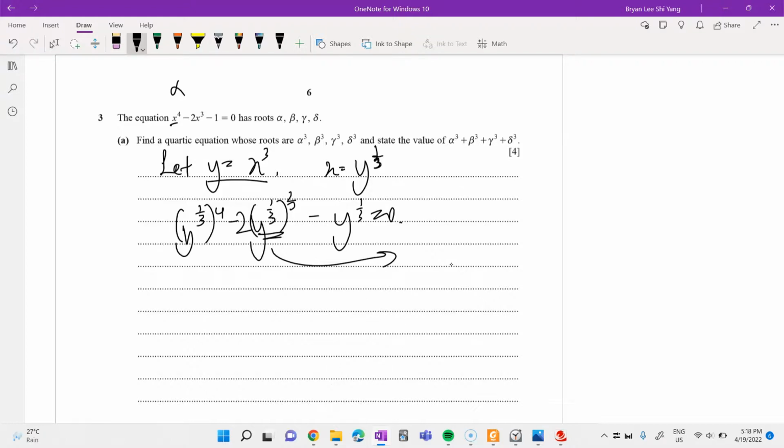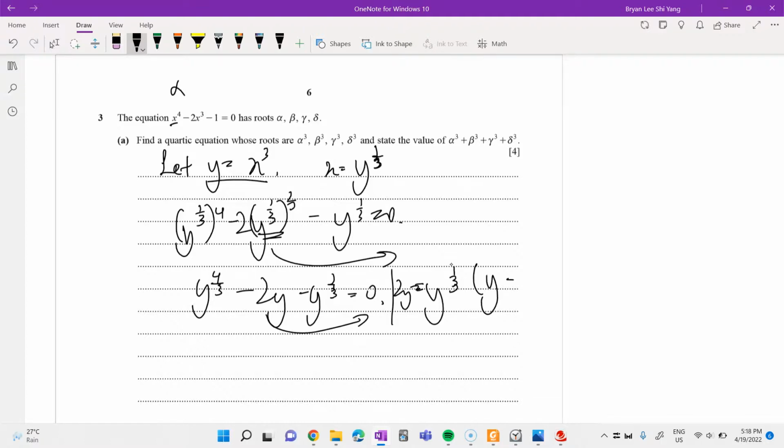Okay, wait. So y to the 4/3 power minus 2y minus y to the 1/3 equals 0. And then, y to the 1/3, yeah, 2y equals, I'm moving this to this side, y to the 1/3 times y minus 1.